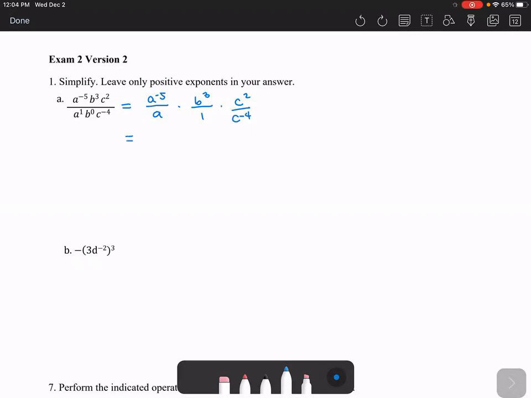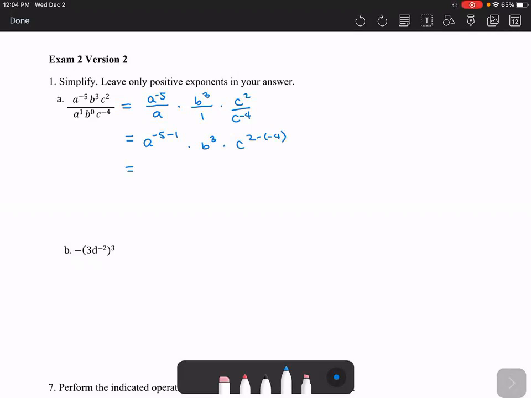So when we simplify, this turns into A to the minus 5, and then we subtract that 1 on the bottom. B cubed over 1 is just B cubed, and then C is going to be 2, and we subtract that negative 4 from the bottom, minus 4.